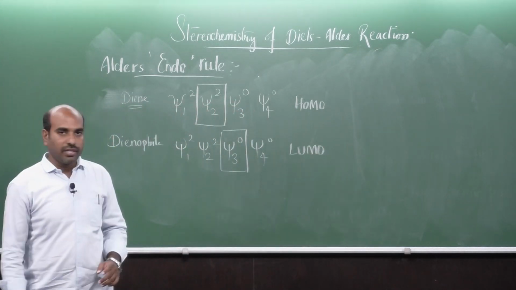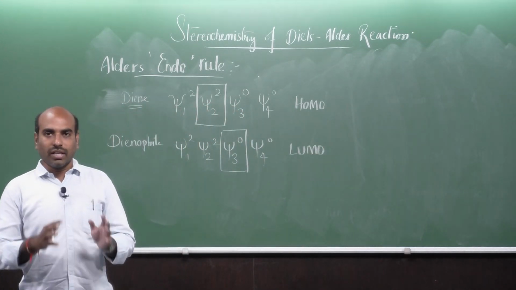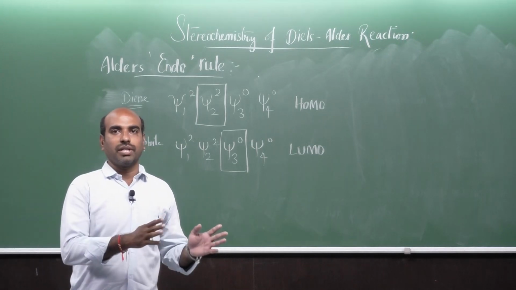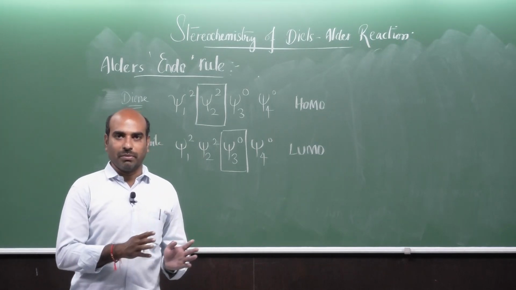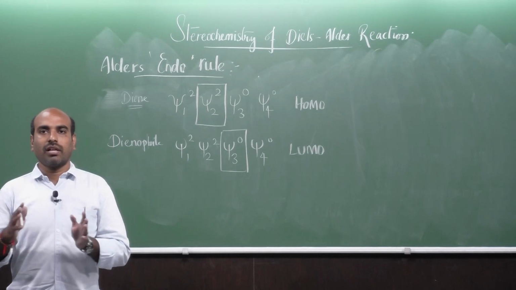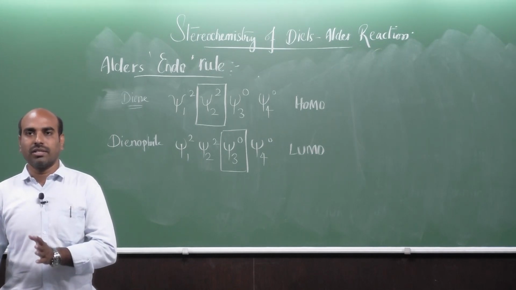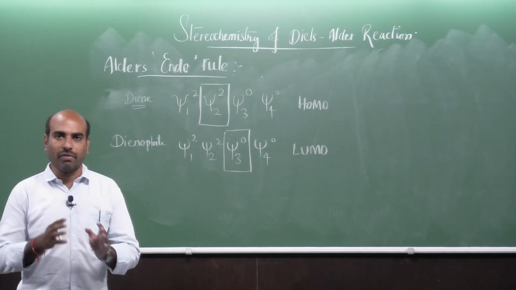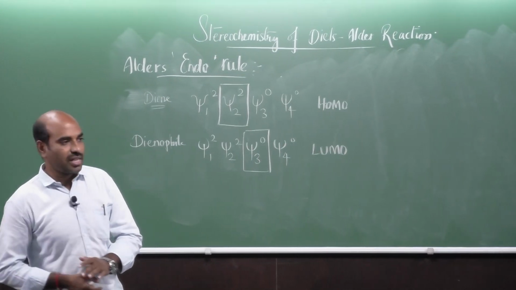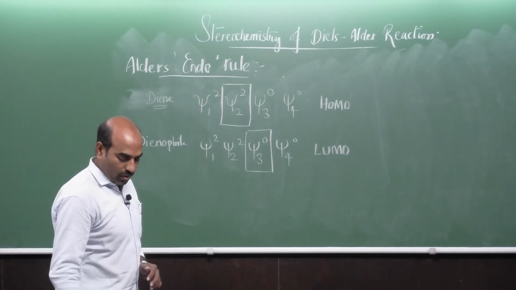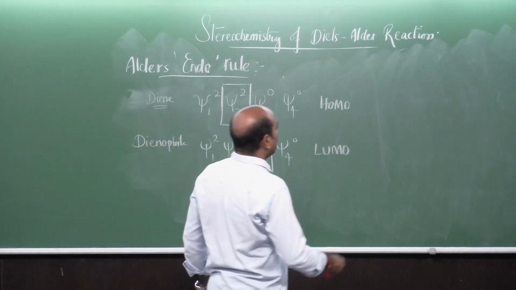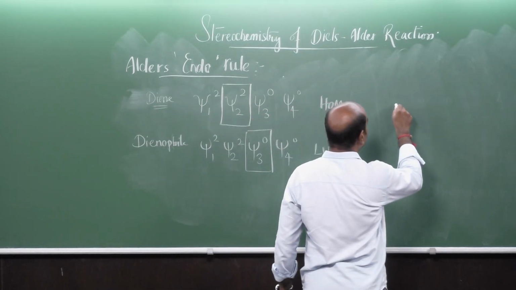So, under ground state conditions, we have chosen the HOMO from the diene, which is the psi2 molecular orbital, and the LUMO from the dienophile, which is the psi3 molecular orbital. So now, how do you see this psi2 and psi3?